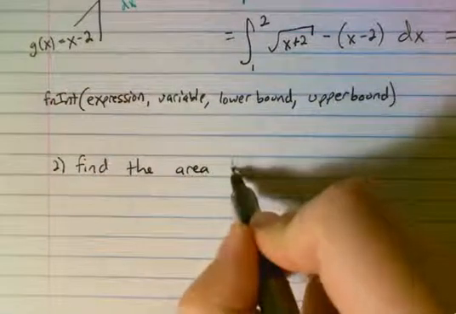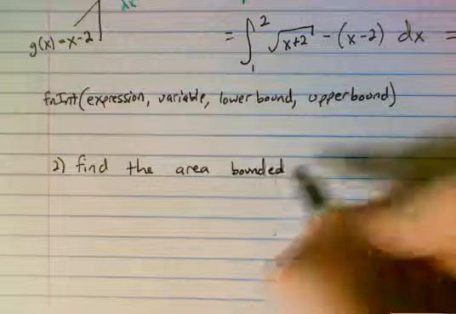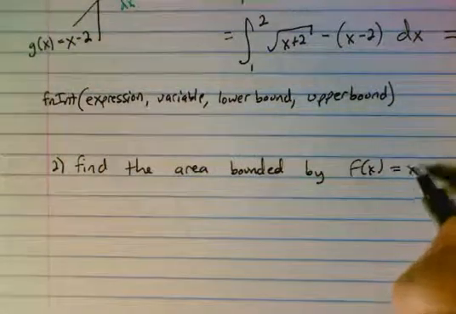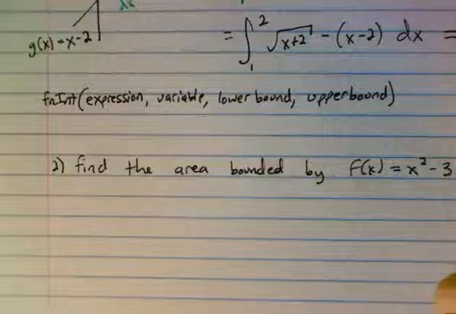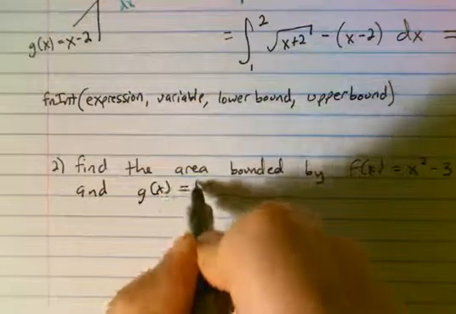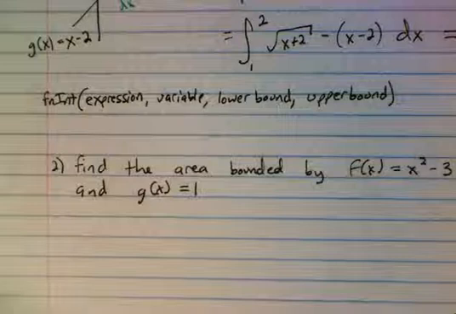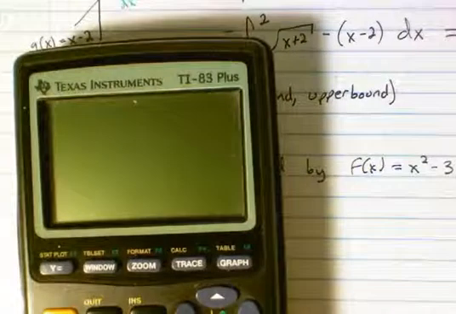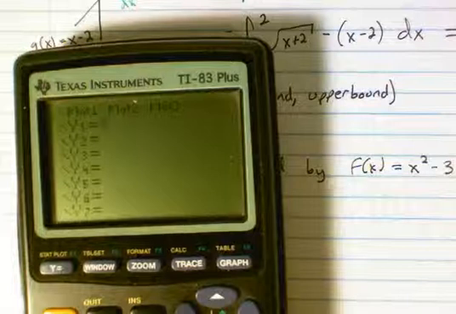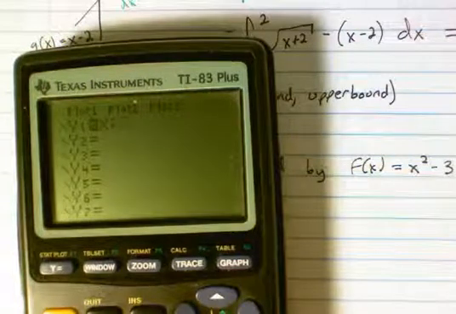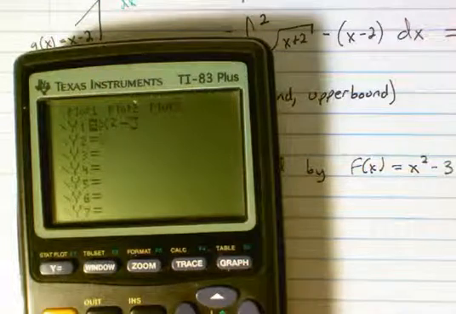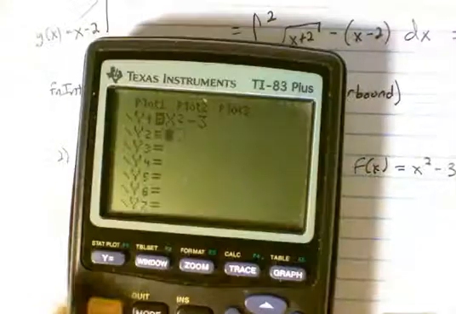Find the area bounded by f of x equals x squared minus 3 and g of x equals 1. If you have your calculator available, all you have to do, go to y, enter in x squared minus 3, and then y equals 1.